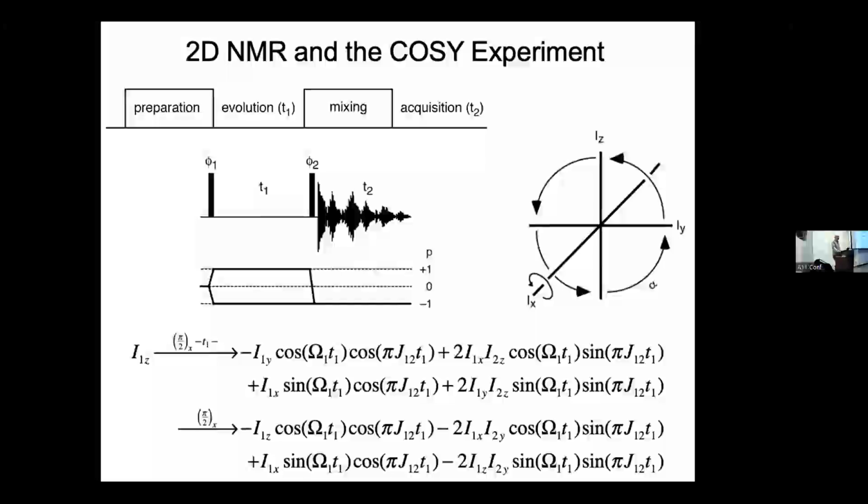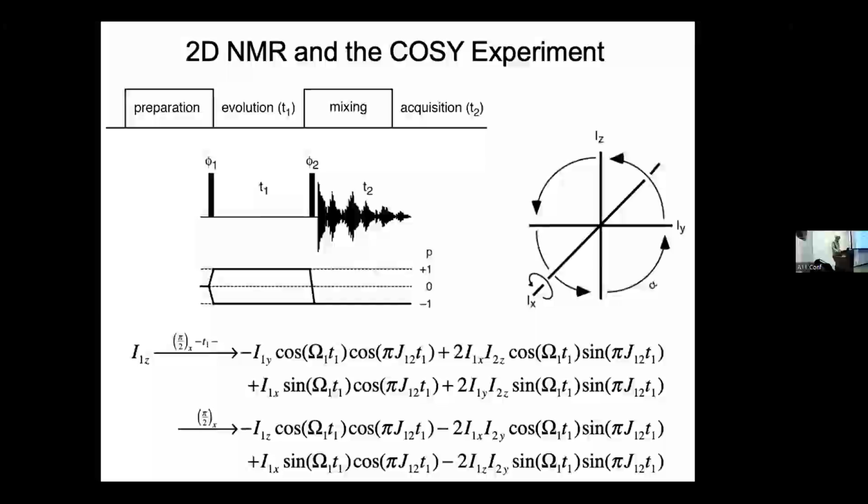You could think of lots of ways of doing it these days. We're going to do it by Fourier transform, but Fourier transform has limitations. In particular, we have to sample T1 at constant intervals. There are lots of ways to get around that restriction, called non-uniform sampling. And before long, it'll just be an AI program that does this for you.